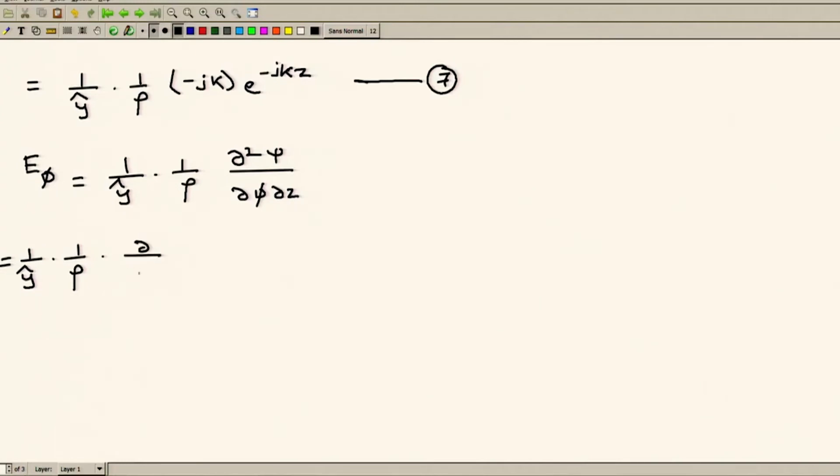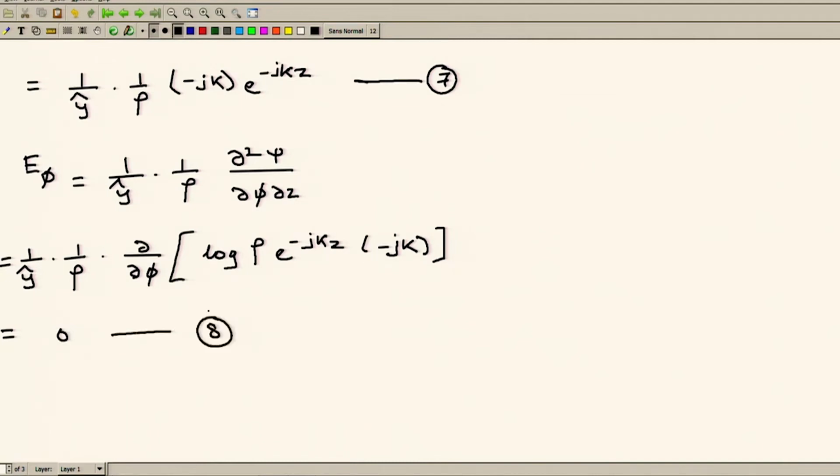When we differentiate with respect to z, we will have log of rho e to the power minus j k z minus of j k, and then on differentiating with phi the term gets 0. So, we have E phi as 0. So, this is equation number 8.